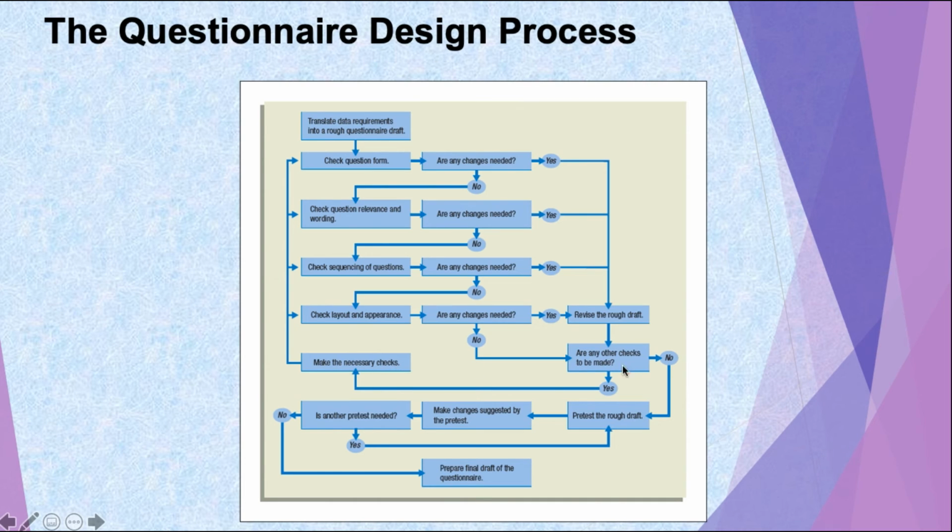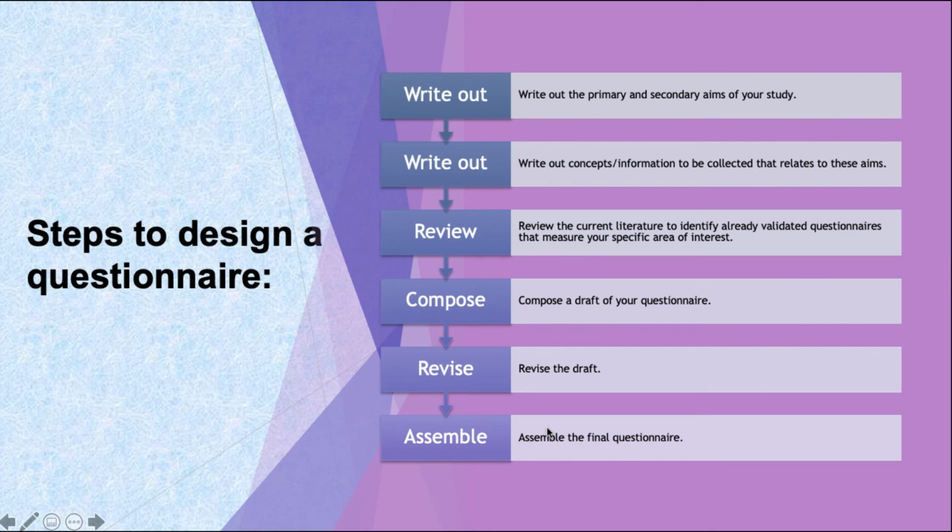If no, then you go and do the pretest. If there are other checks to be made, you make the necessary checks and do this again: check the layout, check the sequence, check the question relevance, and check the question form, and do it again until you finish that process.